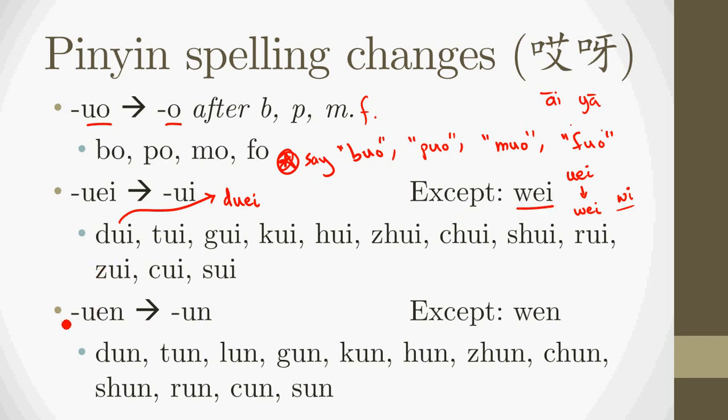Okay, next one is uen turns to un, and similarly we have jun, chun, lun, gun, kun, hun, jun, chun, shun, run, sun, sun, and similarly it's except for wen, which is uen, changing the U into WEN.